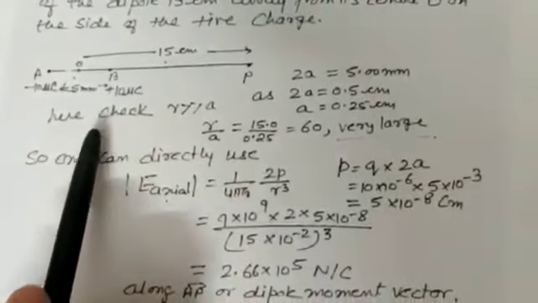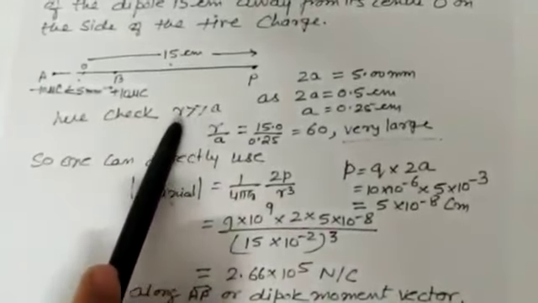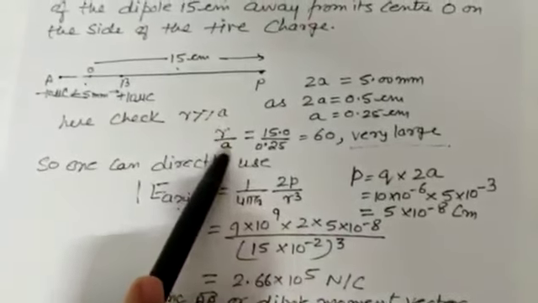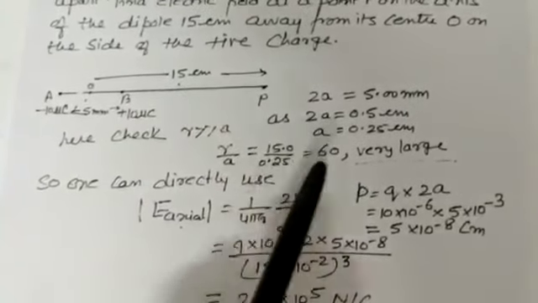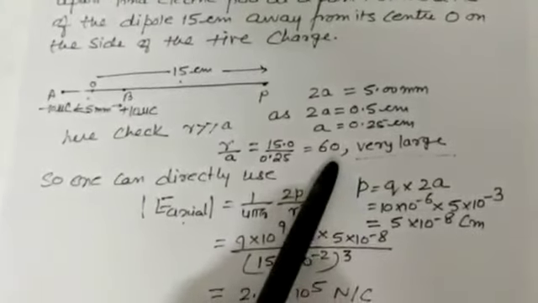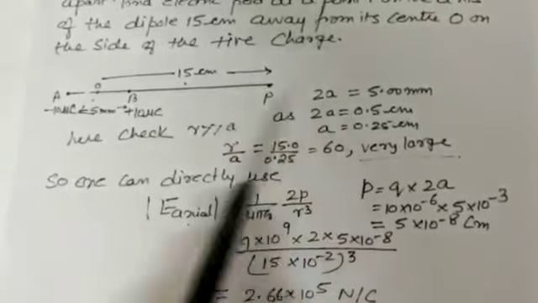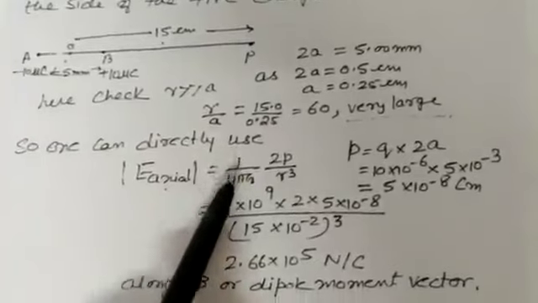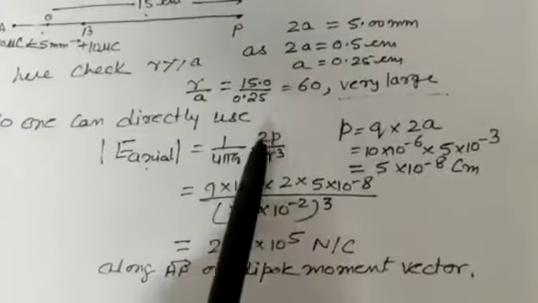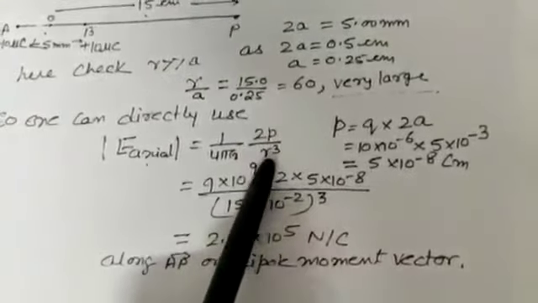Now we will check whether r is much greater than a or not. So divide r by a, which is 15 centimeter divided by 0.25 centimeter, which gives you 60, which is a very large value. So in that case, one can directly use the formula of E axial as 1 by 4 pi epsilon naught, 2p by r cube.